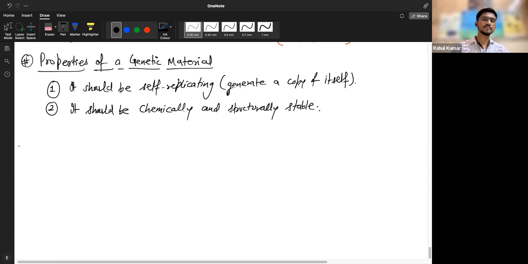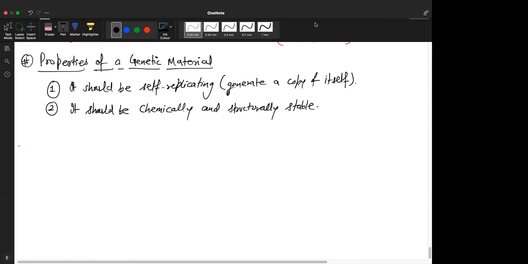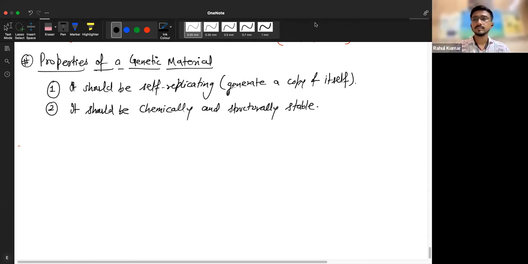So what is the average lifespan of humans? How long do humans live? 78 years, right? And they say that cells keep on dying and new cells keep on forming. That's true.